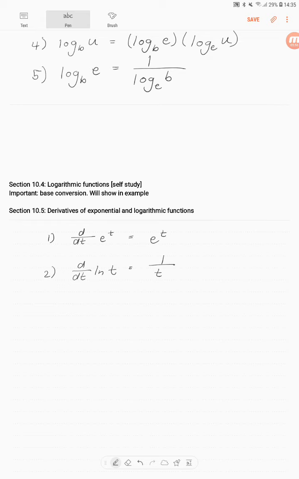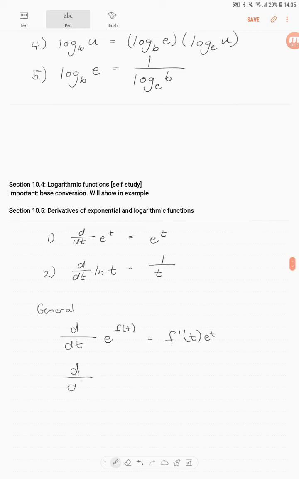If we generalize these functions, the derivative of e to the power of f of t, remember we need the chain rule, so it will be f prime of t times e to the f of t.